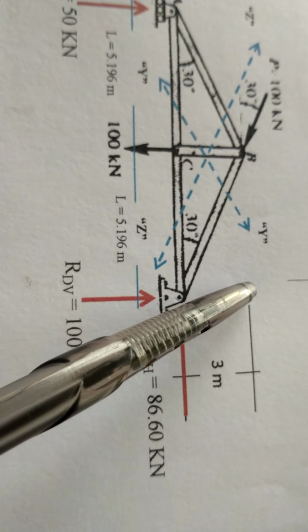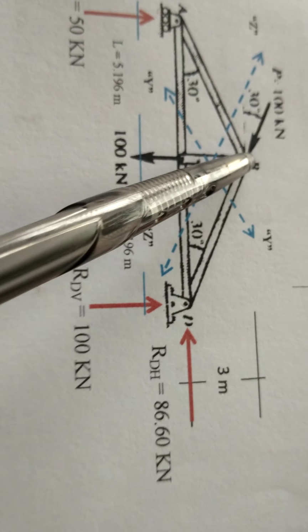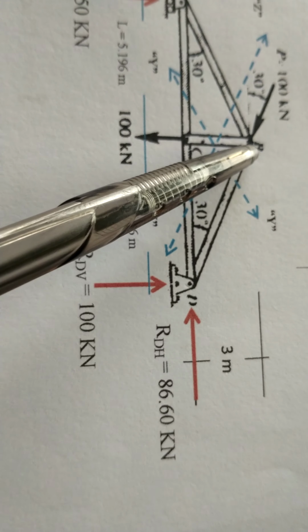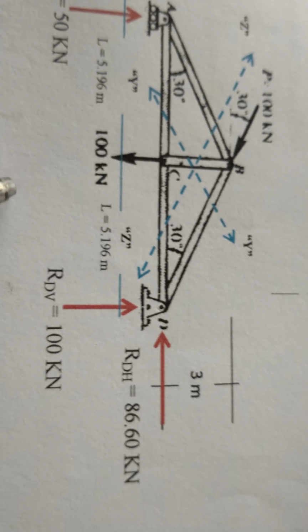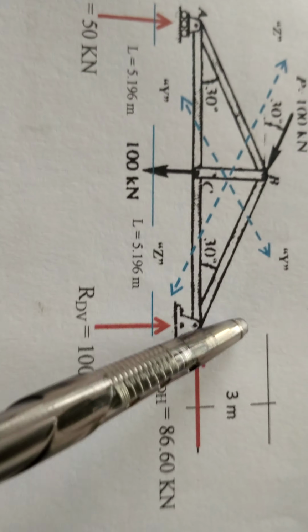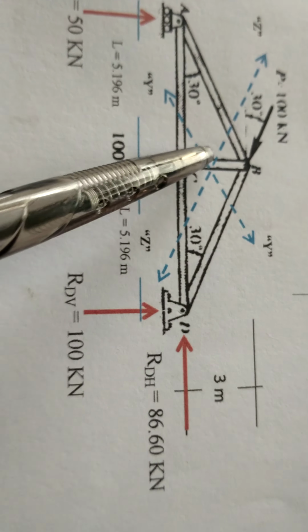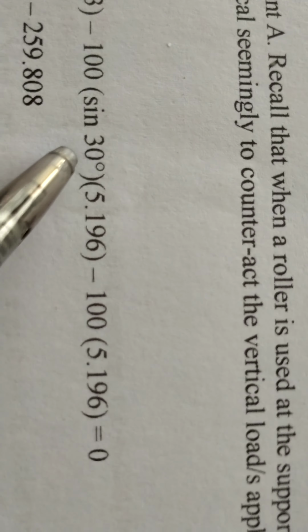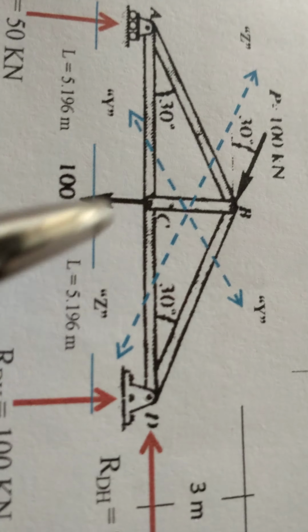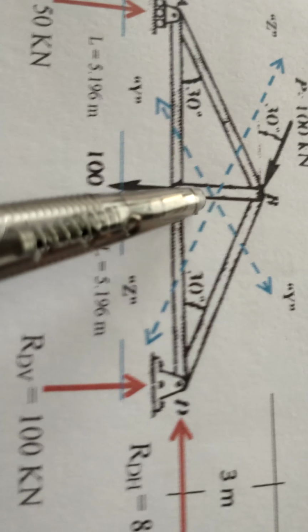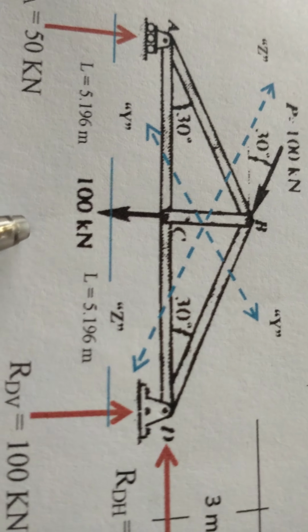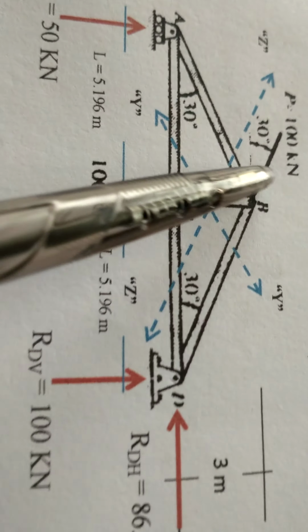And we have minus the vertical component of 100, because it is going down, it will create a counterclockwise moment based from D. So minus 100 sine 30 degrees times 5.196, because this will be the direction of the vertical component of 100.